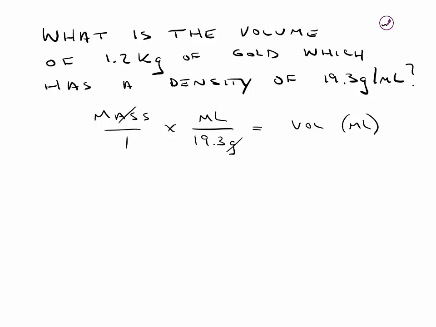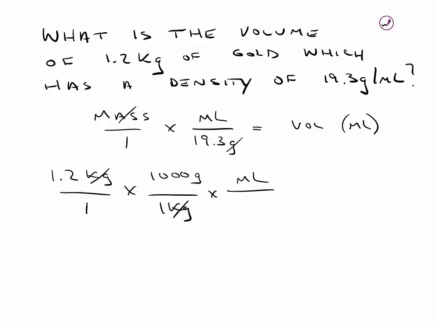So we're starting off with a mass of 1.2 kilograms of gold. We're going to convert that into grams, understanding that there are 1,000 grams per 1 kilogram. That will allow kilograms to cancel out. And now I'm going to use my density as a conversion factor. The milliliters are in the numerator. The mass of 19.3 grams is in the denominator.